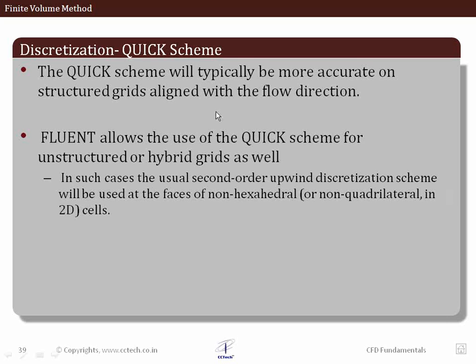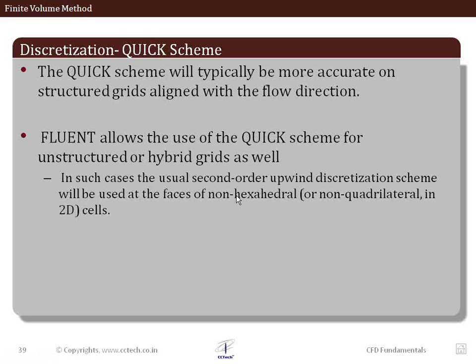As you can see here, the QUICK scheme will be typically more accurate on structured grids where the grid is aligned along the flow direction. That's why we try to obtain very good flow aligned grids or mesh. But solvers like Fluent also allow the use of QUICK over a hybrid grid. In a hybrid grid you have a combination of hexahedral and tetrahedral elements in 3D, or quadrilateral and triangular meshes in 2D.